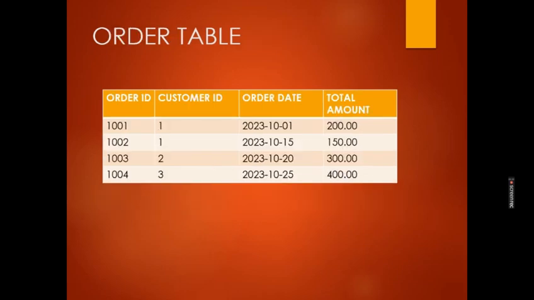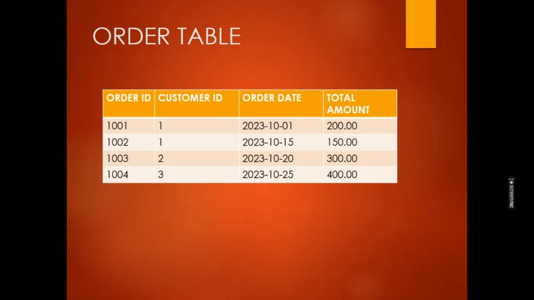Then our order table has order ID, customer ID, order date, and total amount. Under the order table, we see that the first customer, with ID 1, is ordering more than once, as shown in the table.